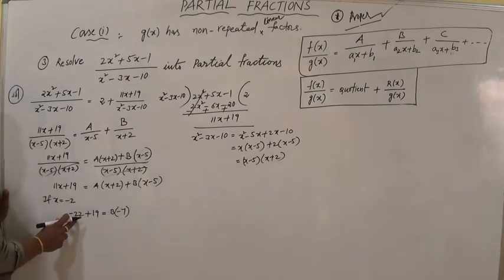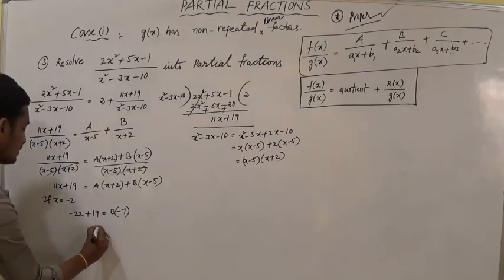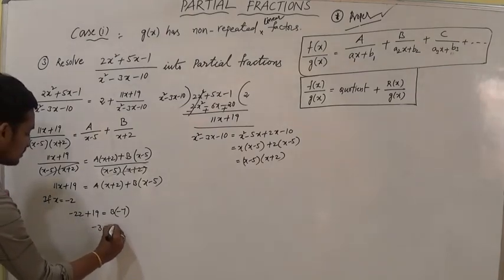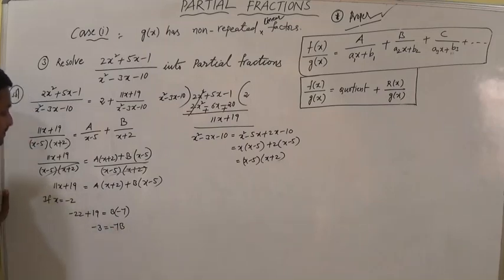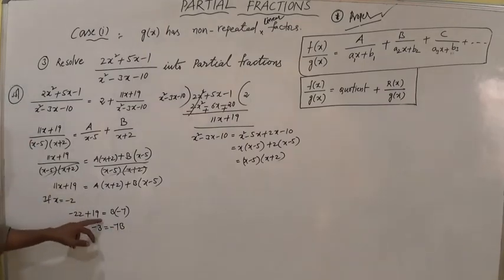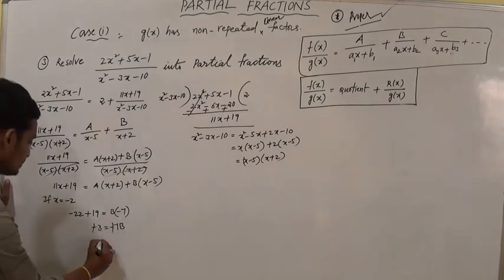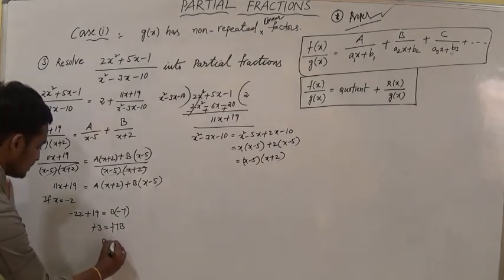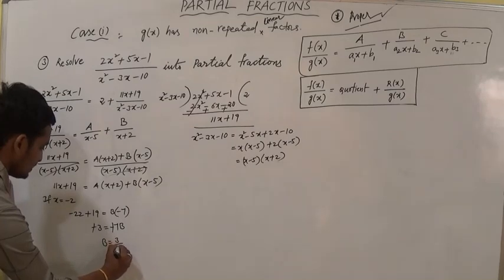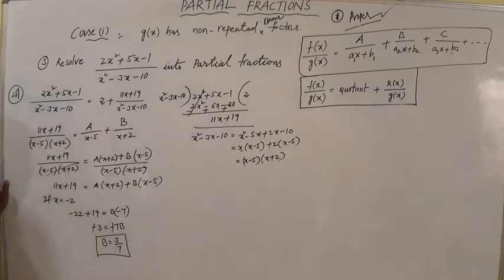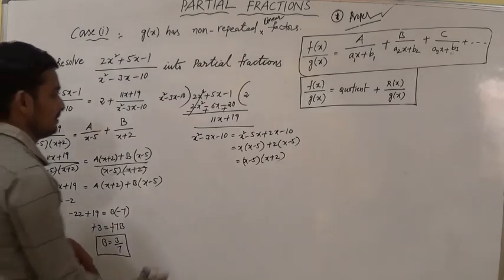Here minus 22 plus 19 is minus 3, equal to minus 7B. Minus signs are cancelled, so B is equal to 3 by 7. Are you okay? B is equal to 3 by 7.